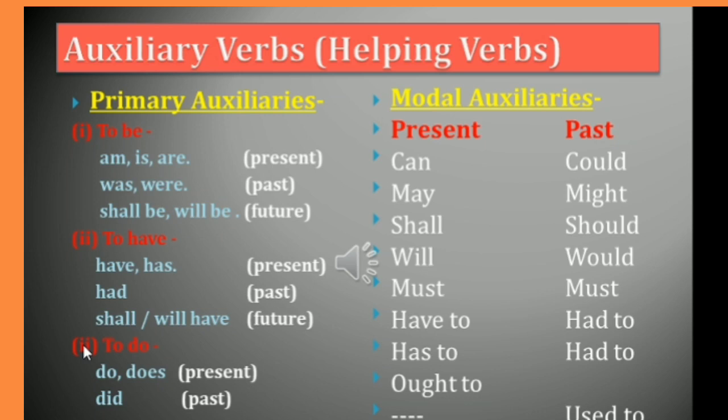A very important point that I want all students to keep in mind is that modal auxiliaries always come with a main verb. You should never forget it. Whenever you use a modal auxiliary in a sentence, it always comes with the main verb, that is the root verb.